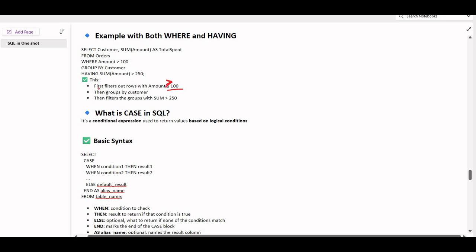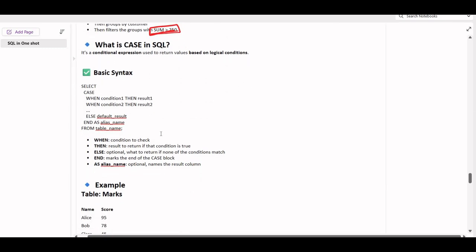First it filters rows where the amount is greater than 100. Then it groups by customer, then filters the groups with the sum greater than 250 with an aggregate function. Got it? So that is how you use where and having: where is used before group by, having is used after group by. Got it?